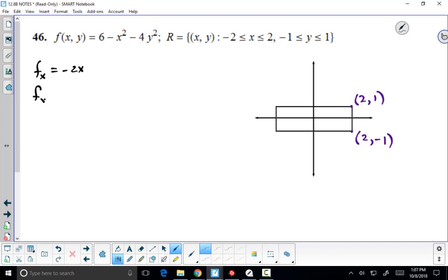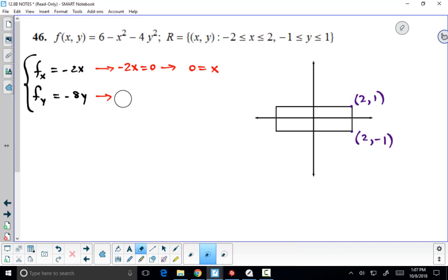F sub y is -8y. And then we have to find critical points, if any. To find the critical points, we set each of these equal to 0.